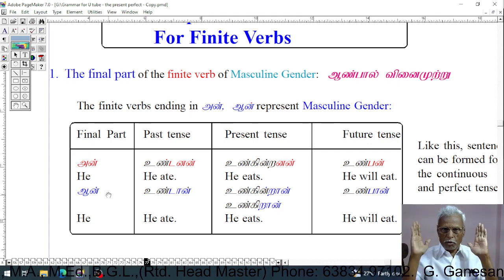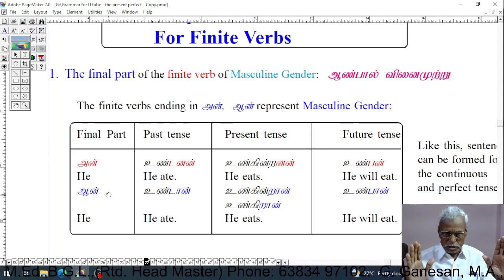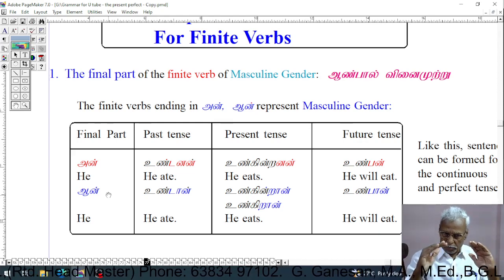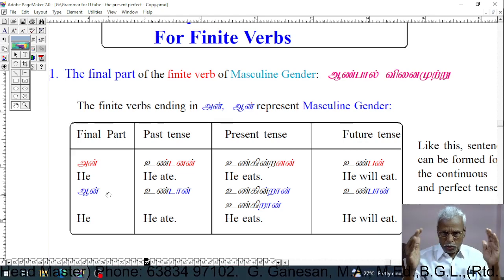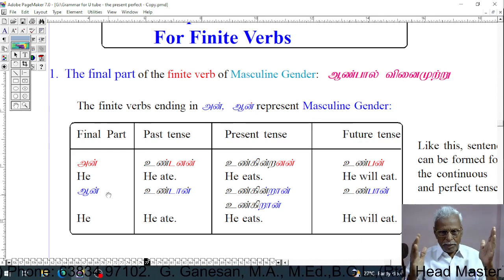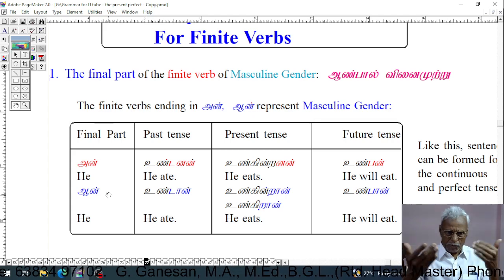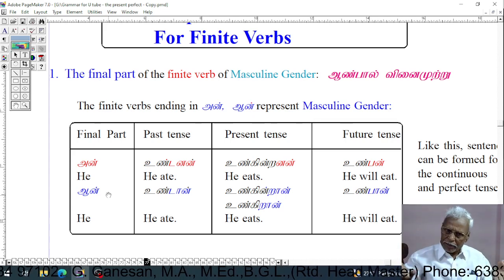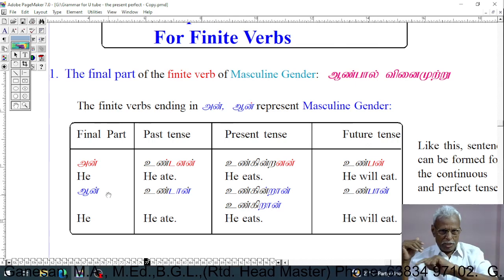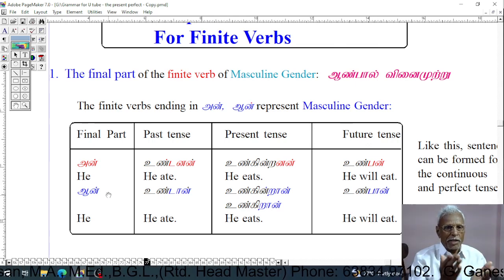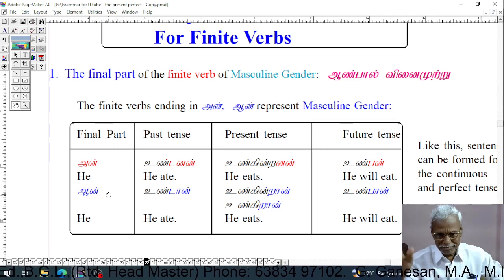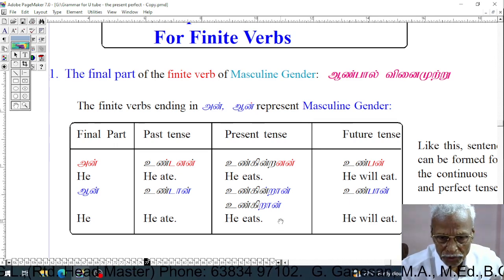So we can use vandan, varugindran, varuvan. In English, he came, he comes, he will come. For an and on it is the same. Okay?